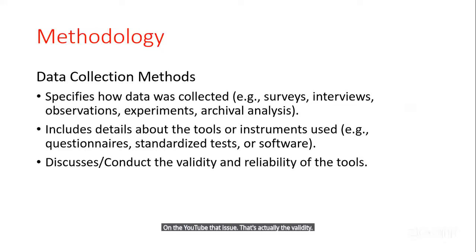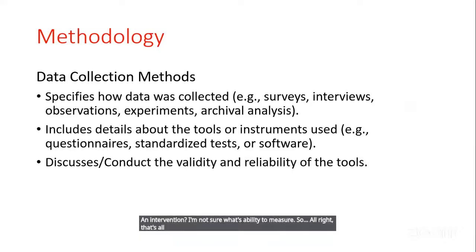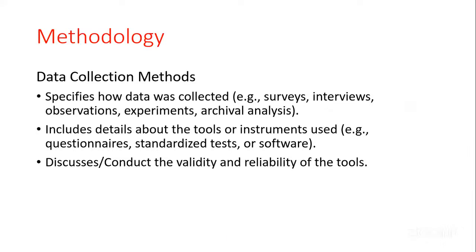So reliability is the ability of an instrument to measure what it is supposed to measure consistently. So when you use your phone to measure blood pressure this week, you use it for 15 people.